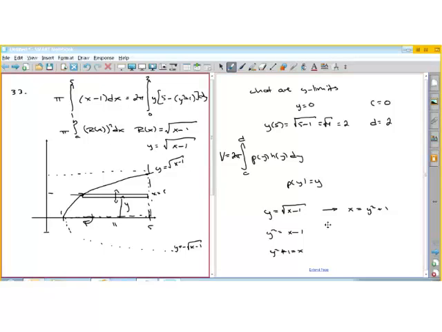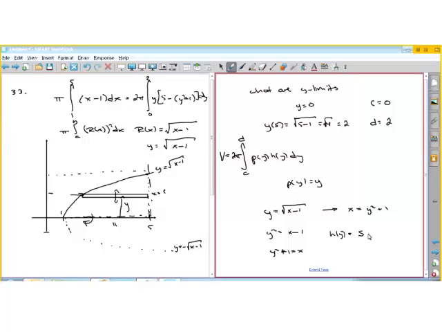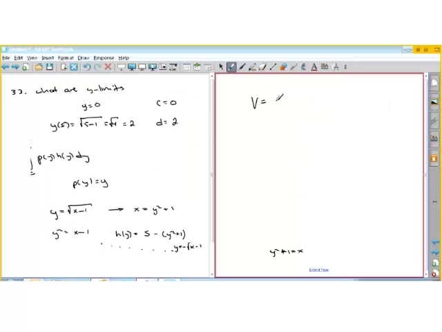Therefore, h of y is 5, which is this distance from here to there, and then we subtract off the distance from there to there, which is y squared plus 1. So that's h of y. Now if we plug everything in, we're doing the same geometry, the volume of that curve rotated around the x-axis.